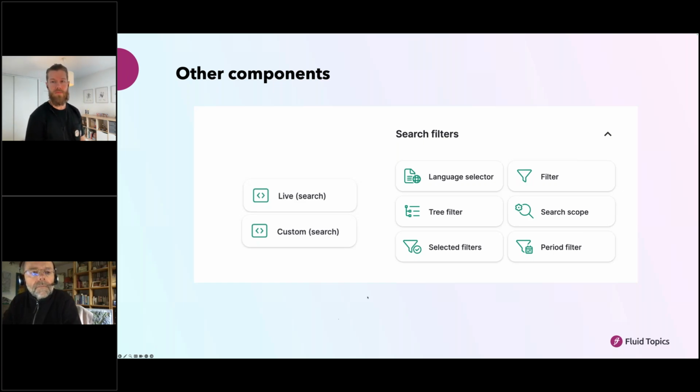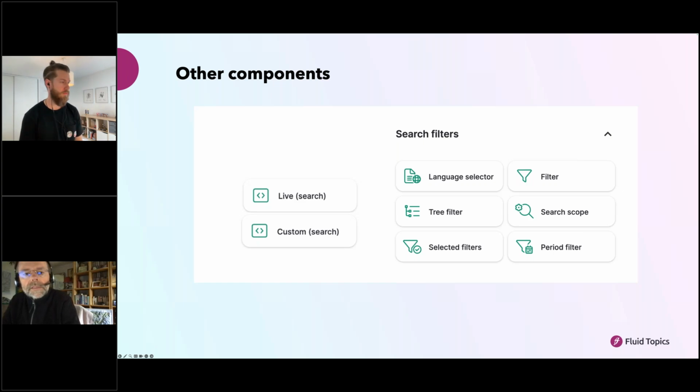These other components are, for instance, the live and custom search. These are components that you may use to develop custom components using JavaScript, CSS, and HTML in live mode when you are developing the components, or custom when the development is ready, and then you can start working with this custom component.